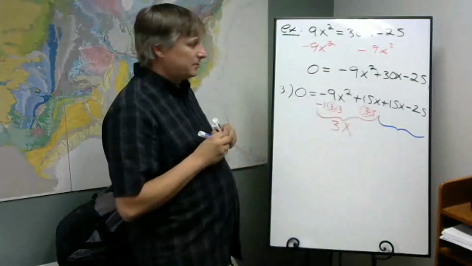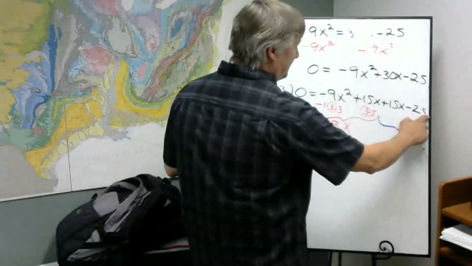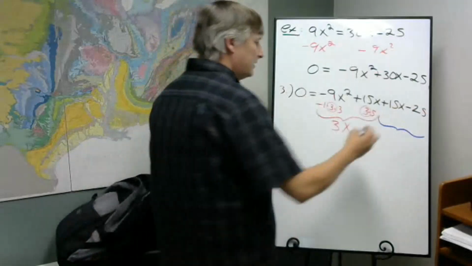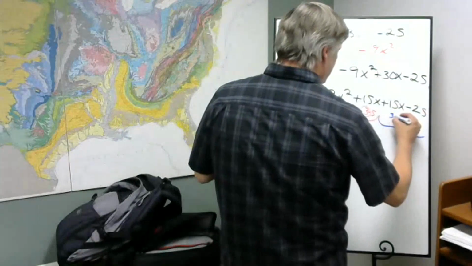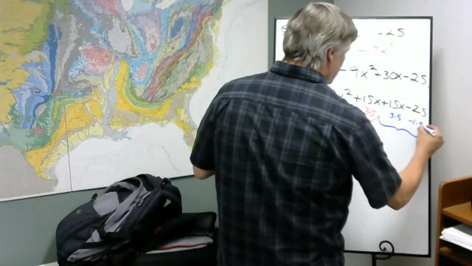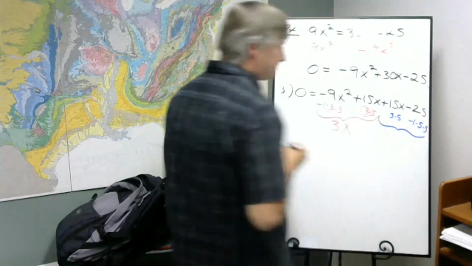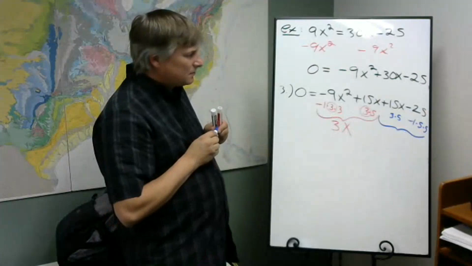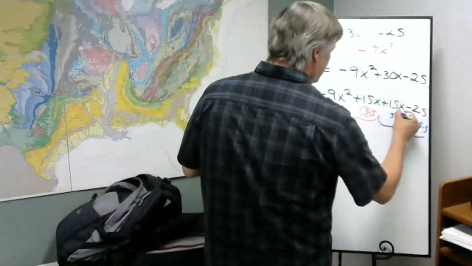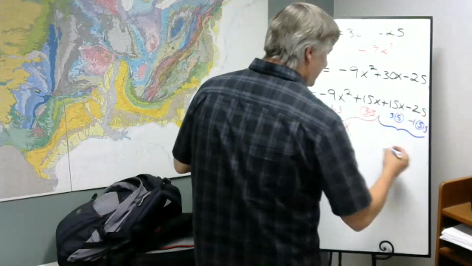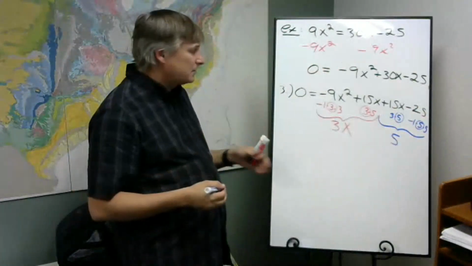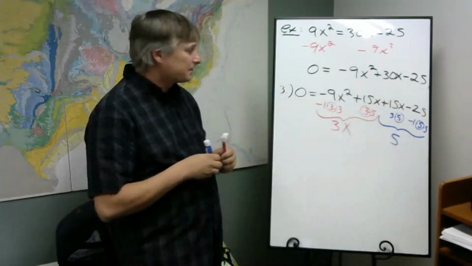So let's take a look at variables. Well, nothing here, x, nothing in common. So this is 3 times 5. And we can call this minus 1 times 5 times 5. So what do we have in common? Well, we've got a 5. And we've got another 5. So we can extract 5s from here and 3x from here.